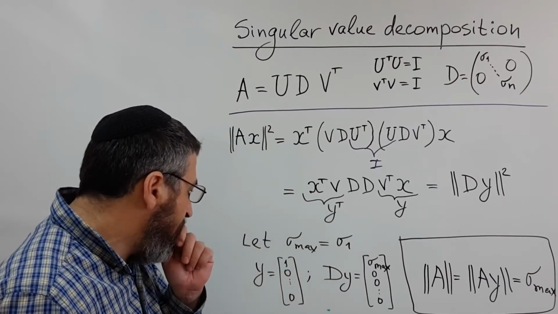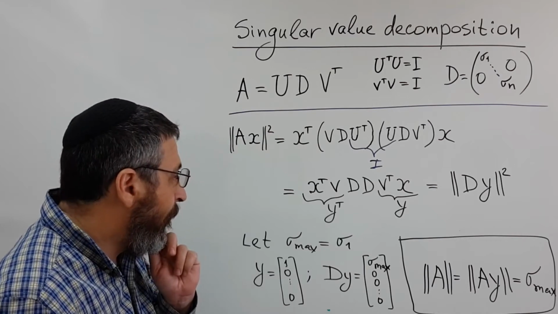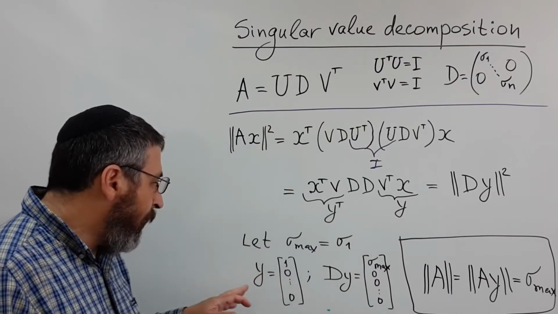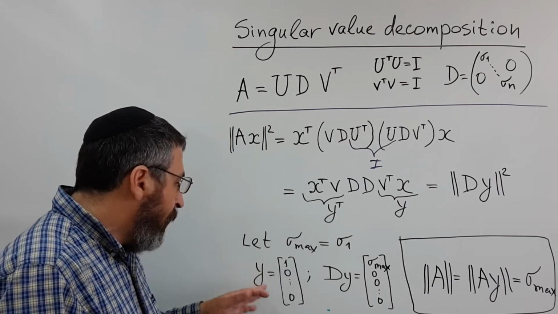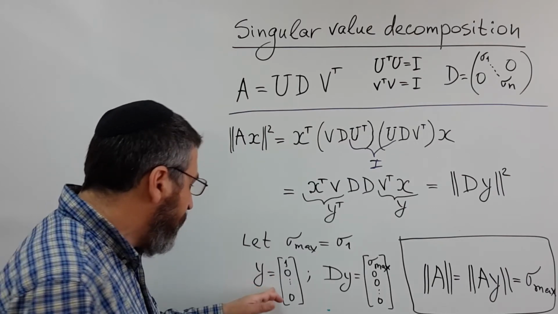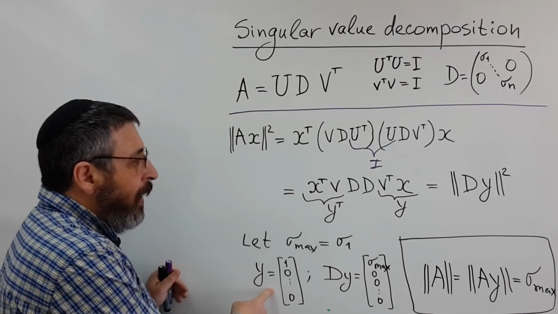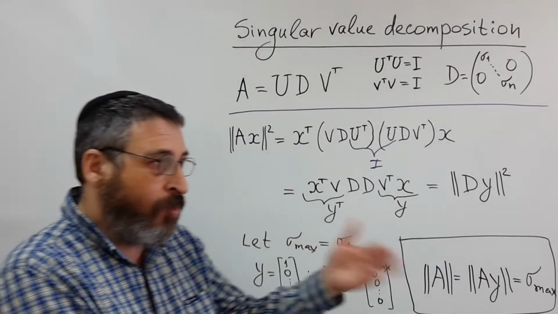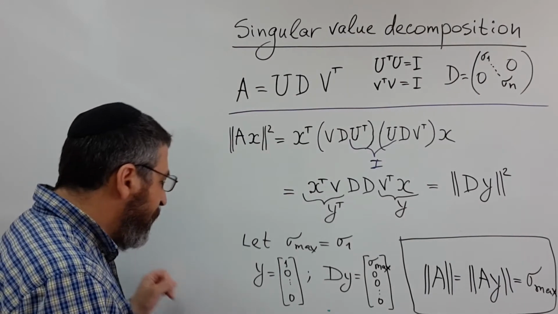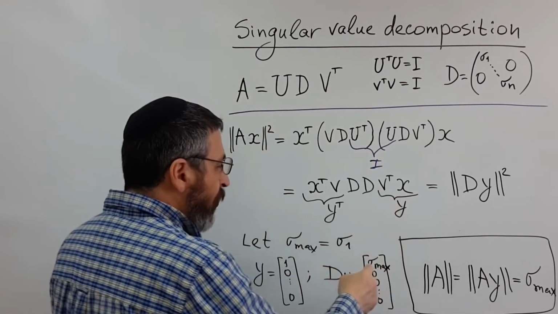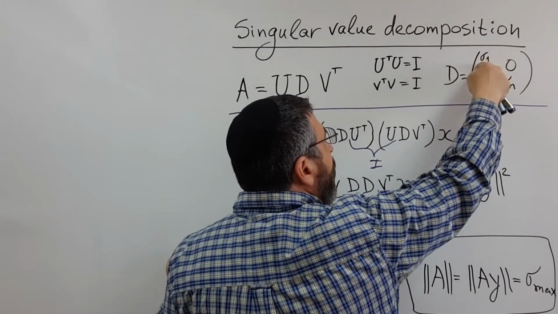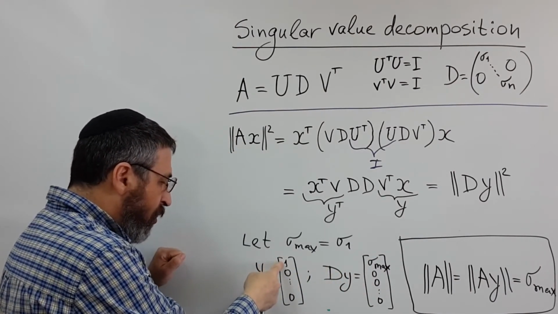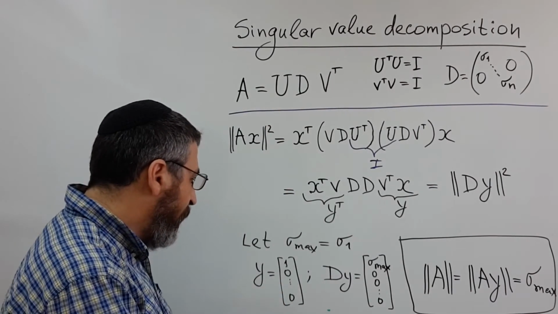And I will claim, and you can check it yourself, that the worst case, when Y is a vector of unit norm and AY is as large as possible, which the definition of the norm of a matrix requires, happens if we order the singular values so that the maximal singular value is in the first position, for example, and Y has 1 in the first position and zeros in all other positions.